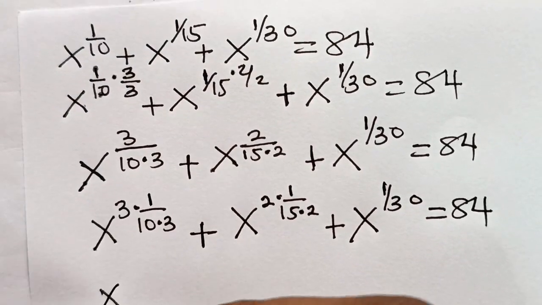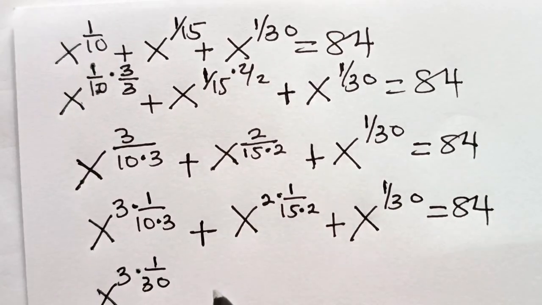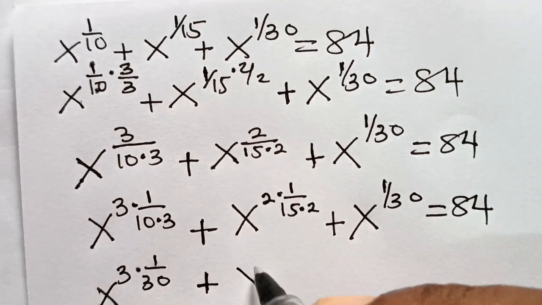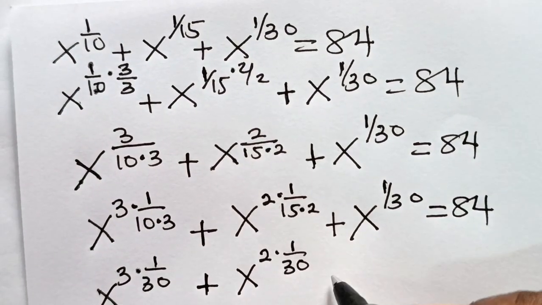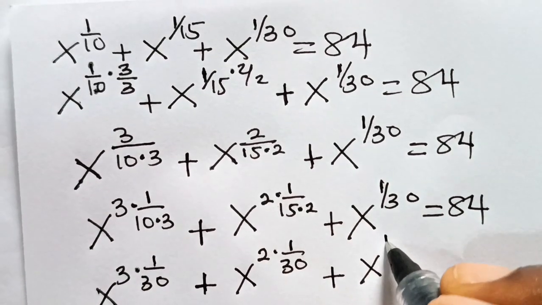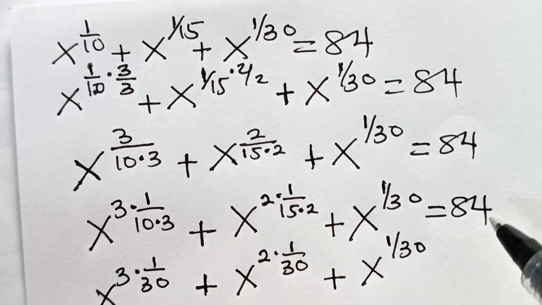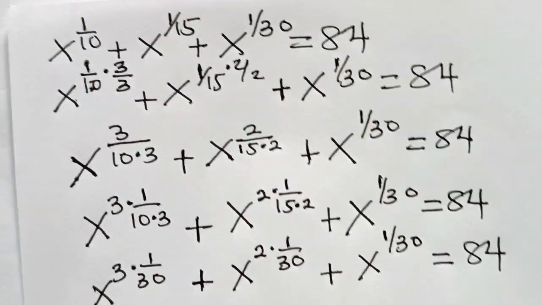So we have x to the power of 3 multiplied by 1 over 30, plus x to the power of 2 multiplied by 1 over 30, plus x to the power of 1 over 30 is equal to 84.